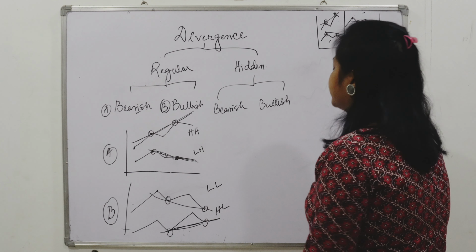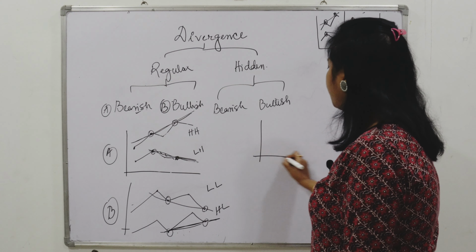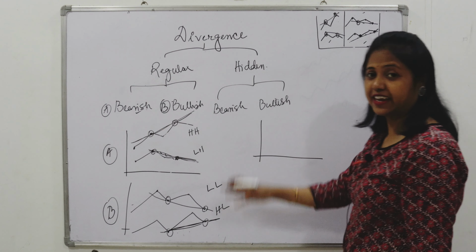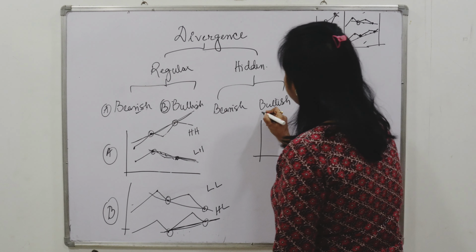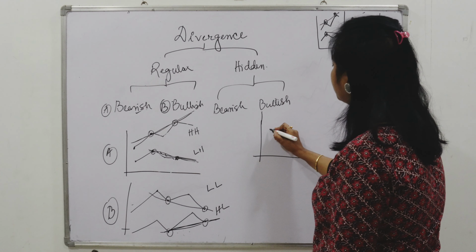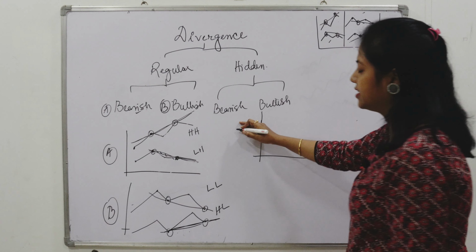Let's understand hidden divergence. Hidden divergence happens when you find that there is a trend continuation. This is trend reversal. The trend is likely to reverse, but here the trend is likely to continue. So what happens in a bearish hidden divergence? Let us see this first.